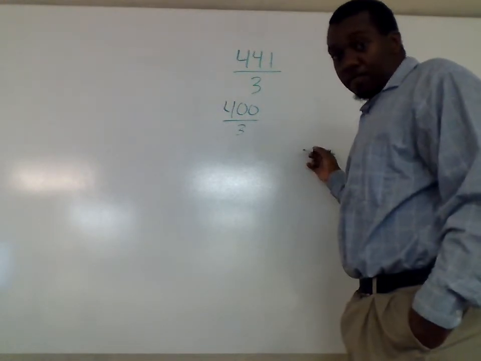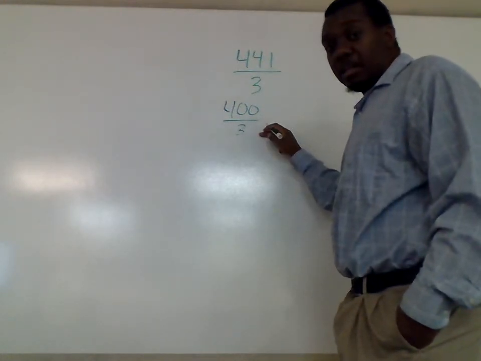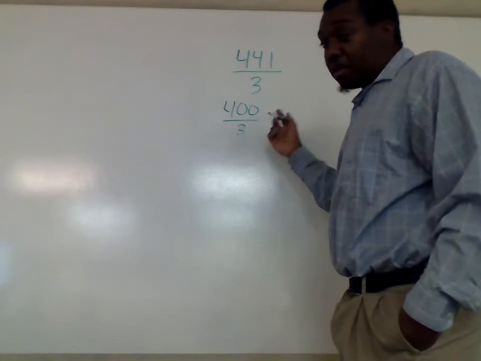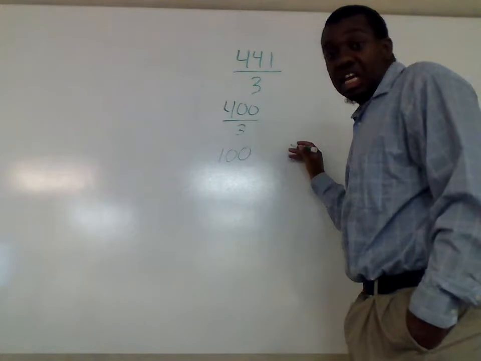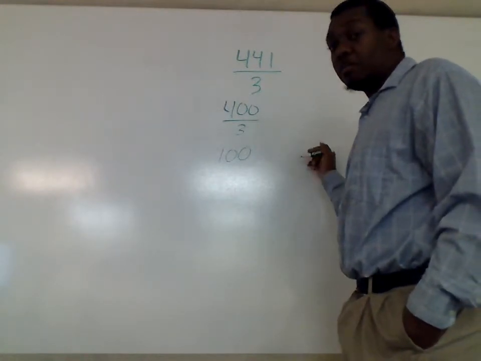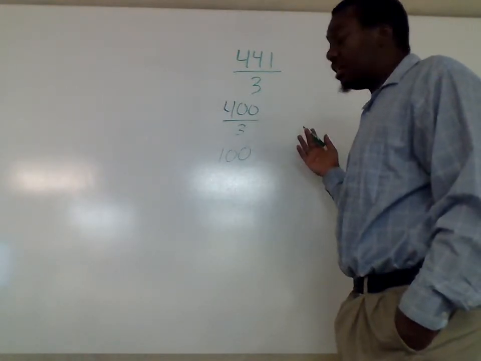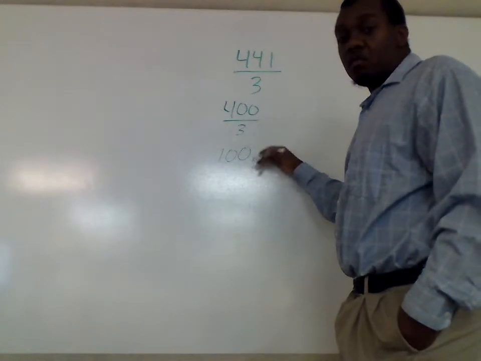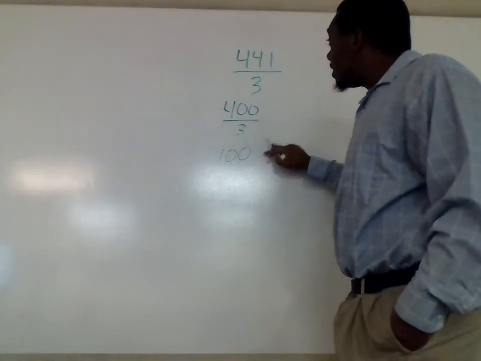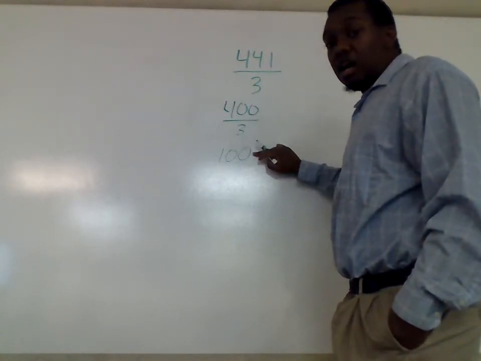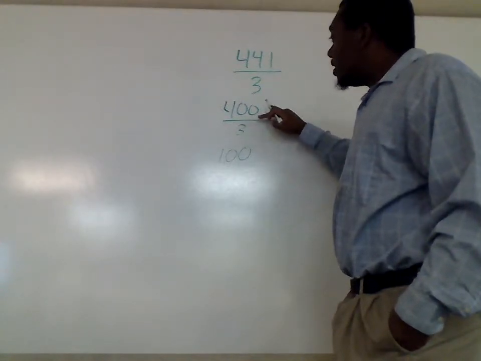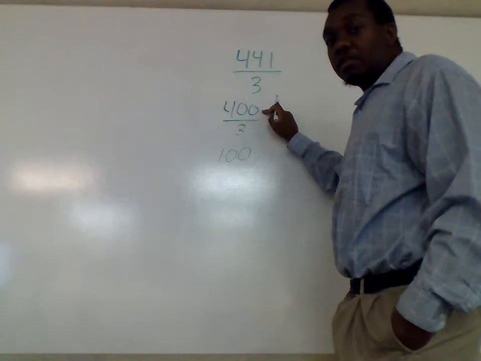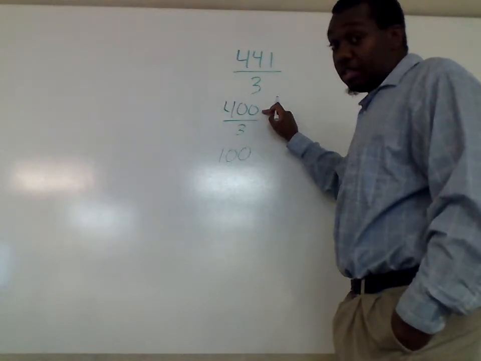We know that 400 divided by 3 is approximately what? 100. Okay. Some of you may say 130. Some of you may say 110. Some of you may say 120. Doing it this way won't really matter, because if it is going to be 100, then we know how much is going to be left over for 400, because 100 times 3 is 300.